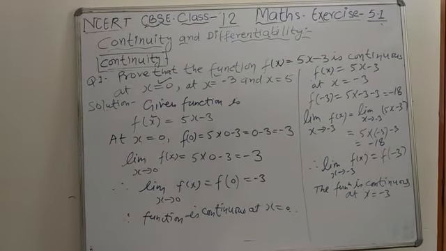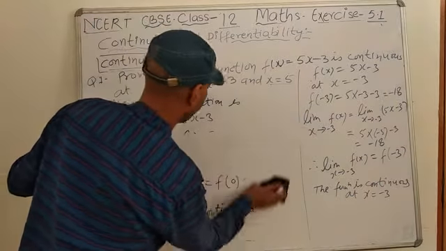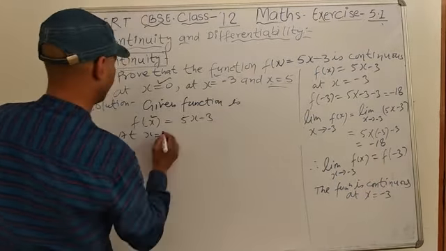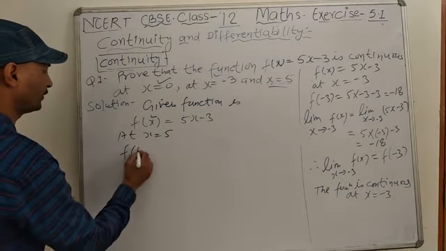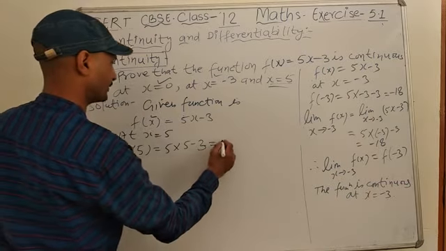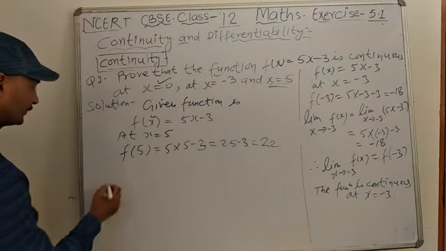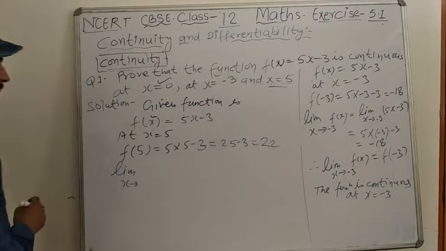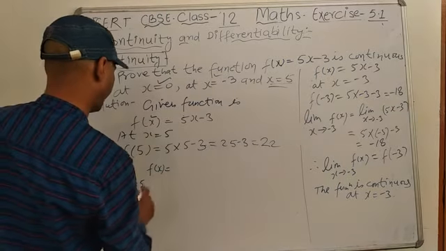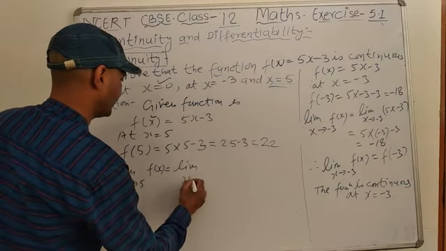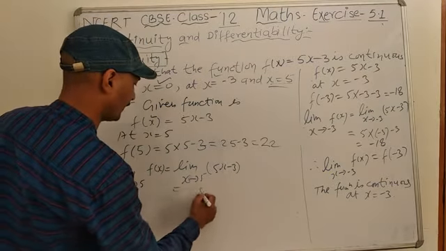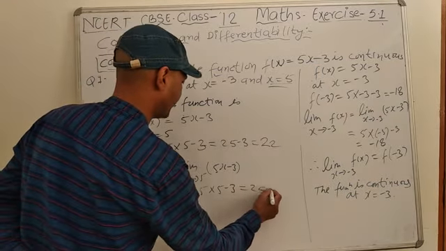Now next, for x equals 5. At x equals 5, f(5) equals 5 into x is 5 minus 3. 5 times 5 is 25 minus 3 is equal to 22. Now the limit as x tends to 5 of f(x): the function was 5x minus 3, equal to 5 into x is 5 minus 3, 5 times 5 is 25 minus 3 is equal to 22.